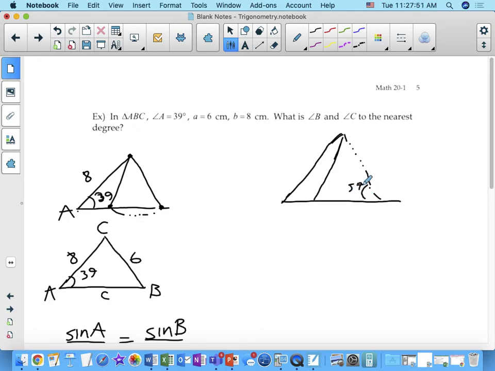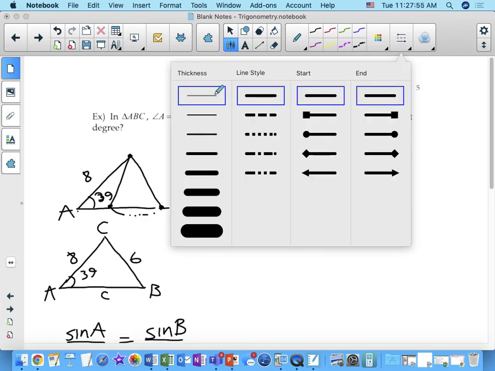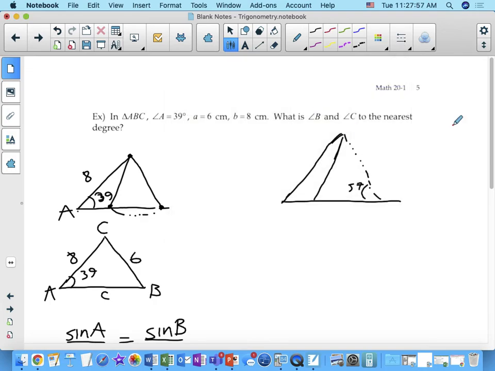And this triangle, I'm going to draw it sort of in red, is an isosceles triangle, because remember that this is 6 and this is 6.